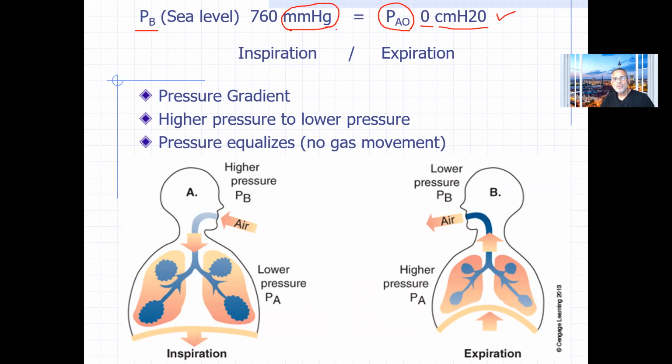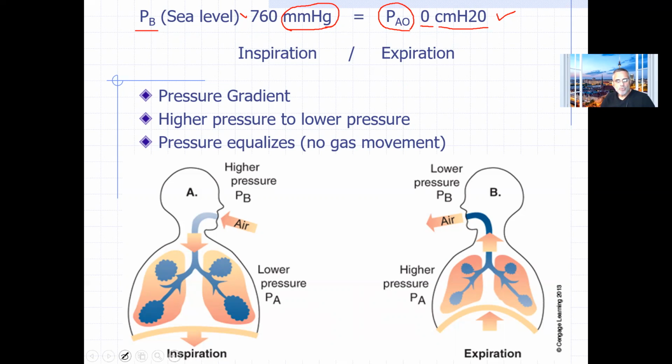So you can think of this 760 millimeters of mercury barometric pressure as the same standard as airway opening pressure or baseline pressure when we're talking about respiratory mechanics, 0 centimeters of water. Okay, so while we know the pressure being exerted is 760 millimeters of mercury, we know that the baseline is going to be at 0 centimeters of water.